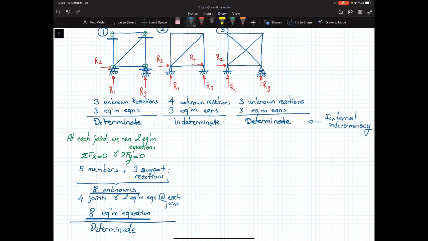Now, let's take a look at the third structure. In the third structure, I got 6 members and 3 support reactions. So the number of unknowns for me is 9. I got 9 unknowns.